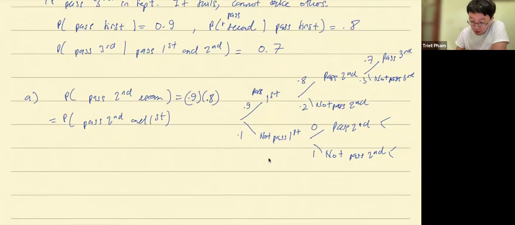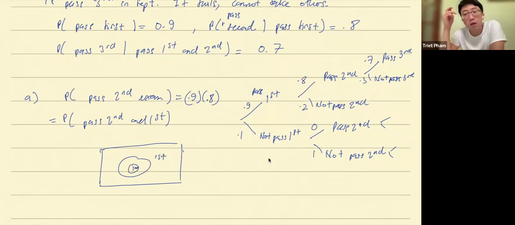The answer is no, because if you look at the logic or the Venn diagram here, you have the first exam, and the second would be inside the first. Because if you pass the second exam, it implies that you pass the first exam. Does that make sense?